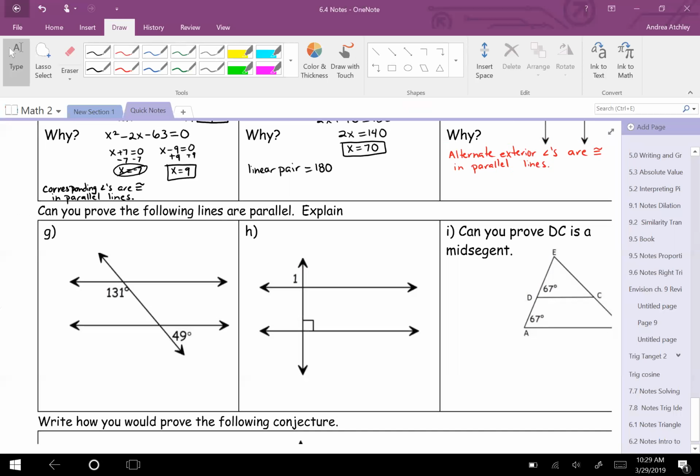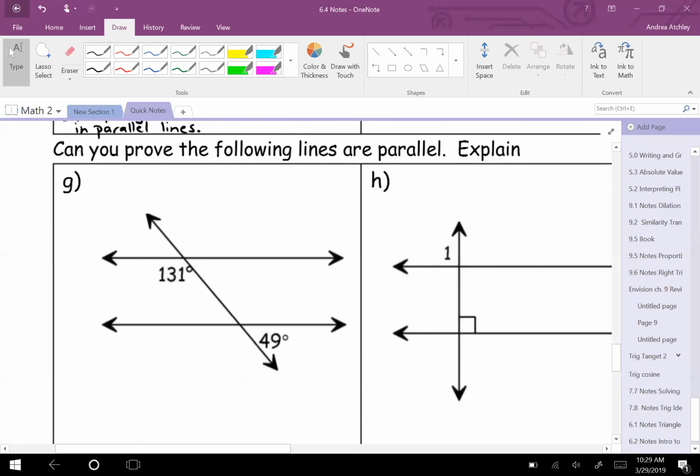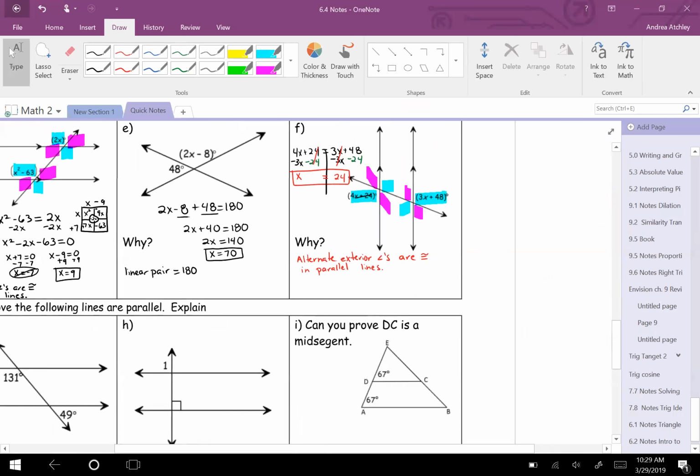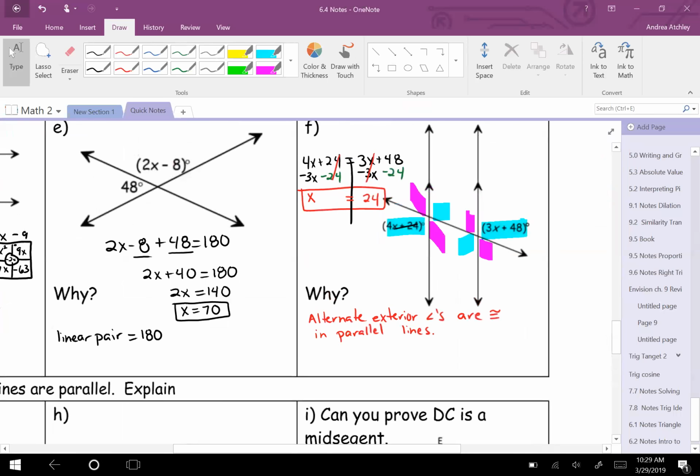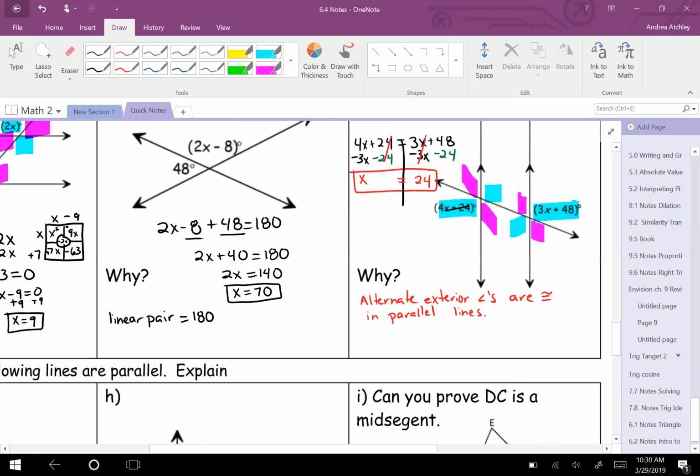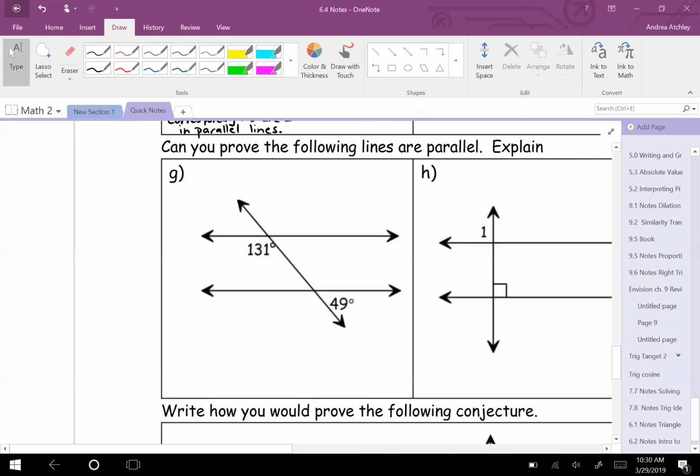So in G, we want to prove those two lines are parallel.